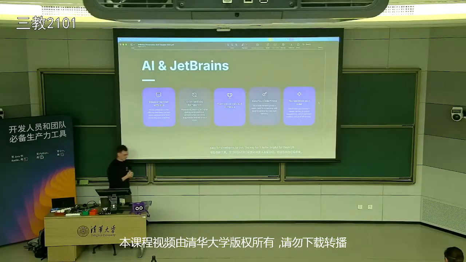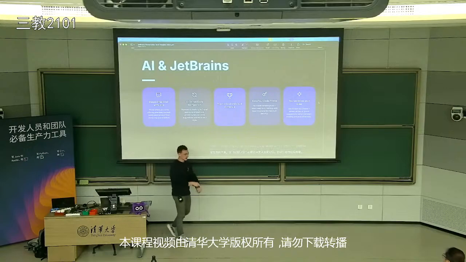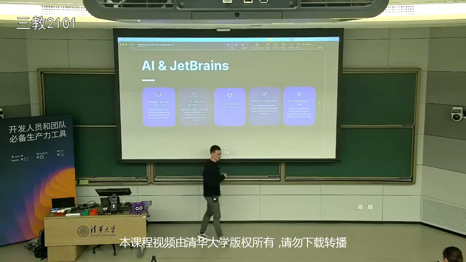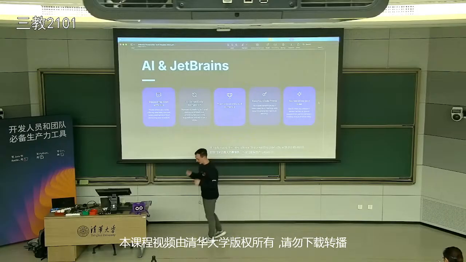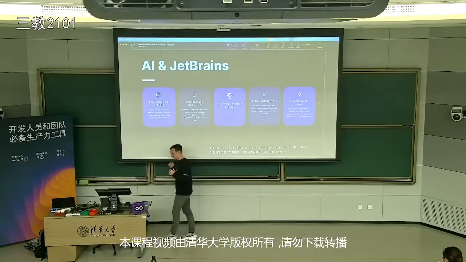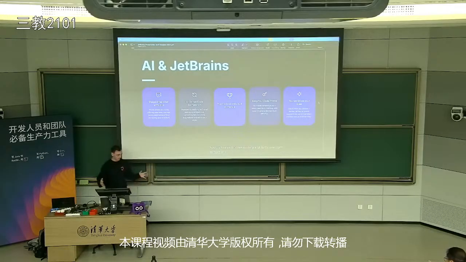The biggest thing for us is the integration with our existing products, with our IDEs. That's how we think we can help developers a lot. So first of all, it's highly integrated into the IDE.